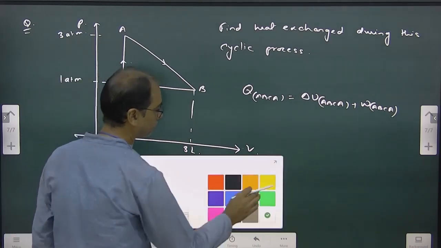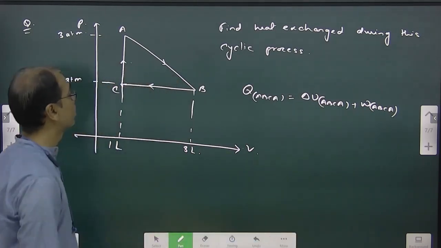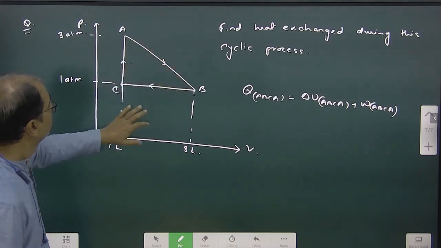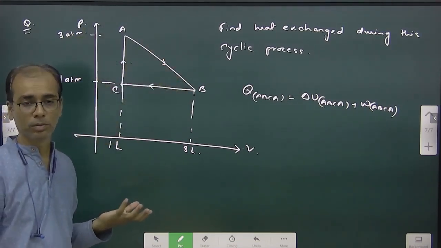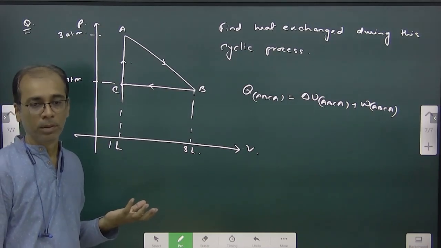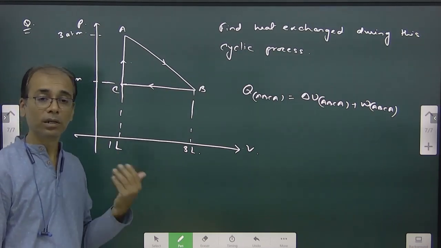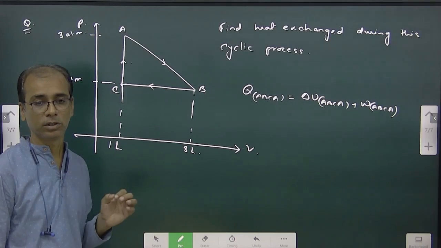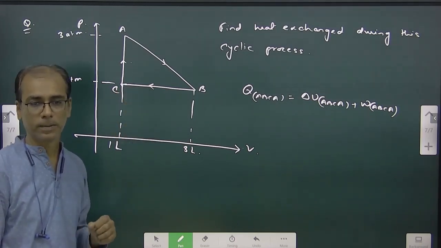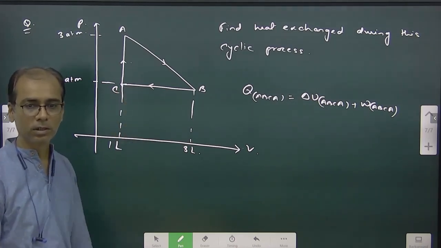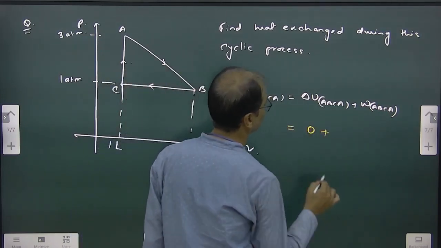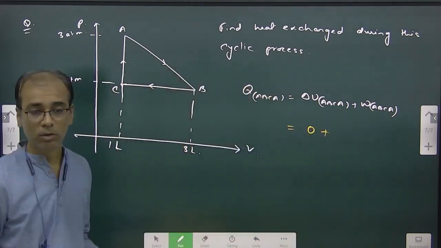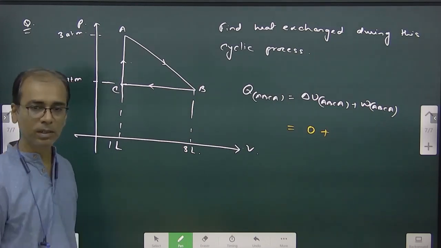Now, since it's a cyclic process, you are returning back to A. Change in internal energy is 0, because internal energy is a state function. You are reaching the same state. The change in internal energy is 0. It's gone. That means Q ABCA equals W ABCA. Yes. In this case it is.